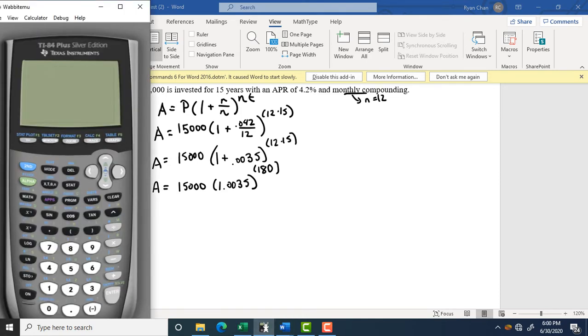Okay. Now, order of operations, what you're going to do is you're going to do your exponent first. You're going to do 1.0035 raised to the 180. I have 1.875546467.